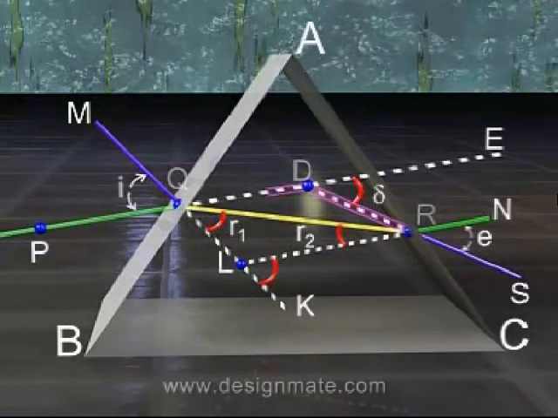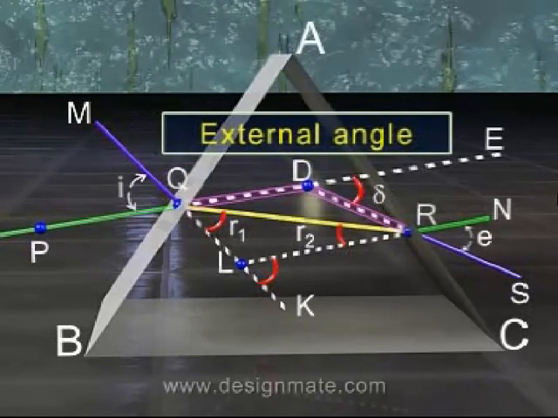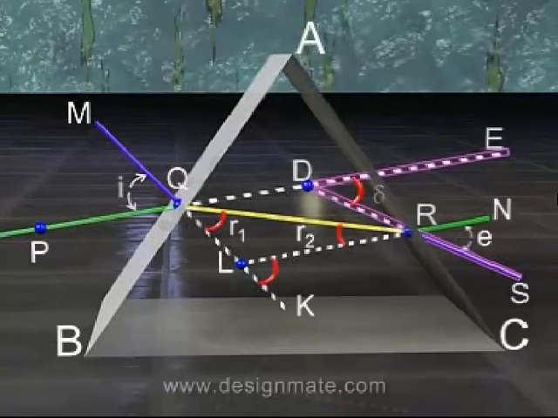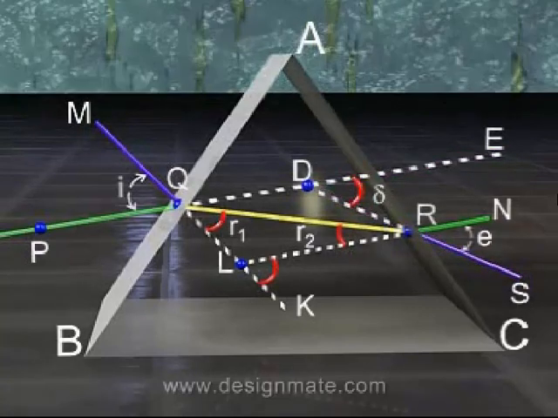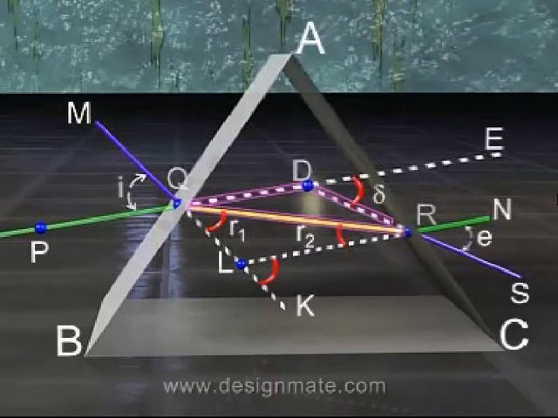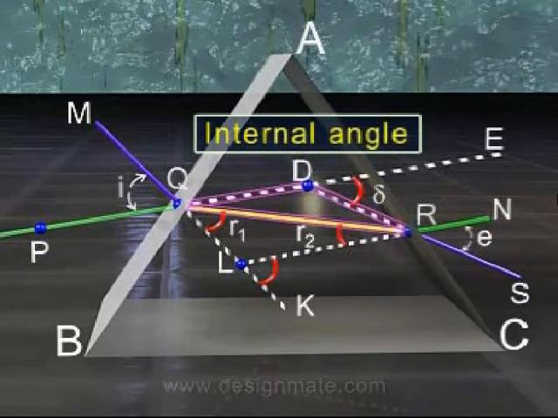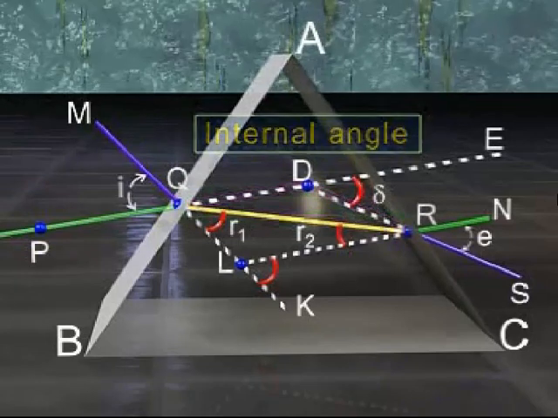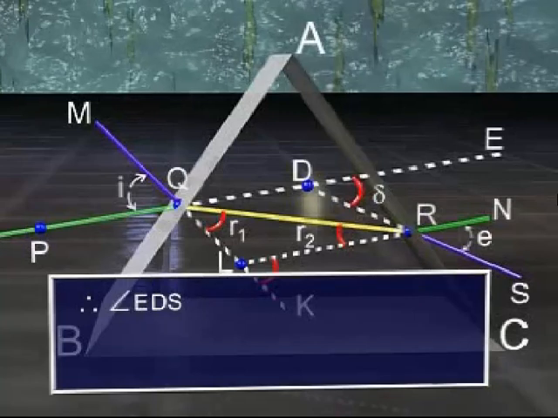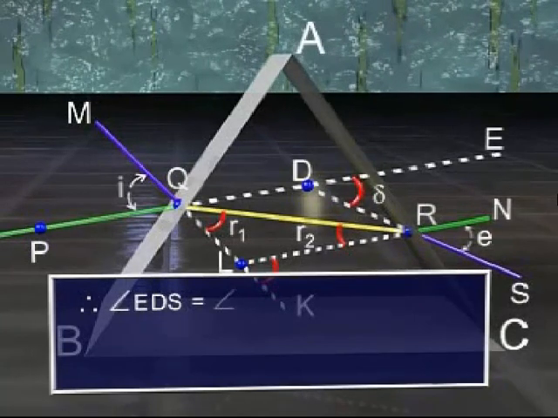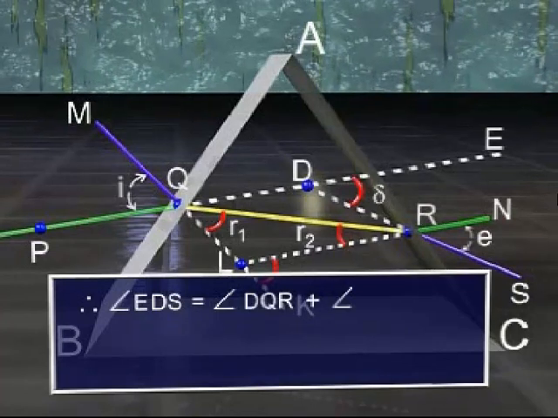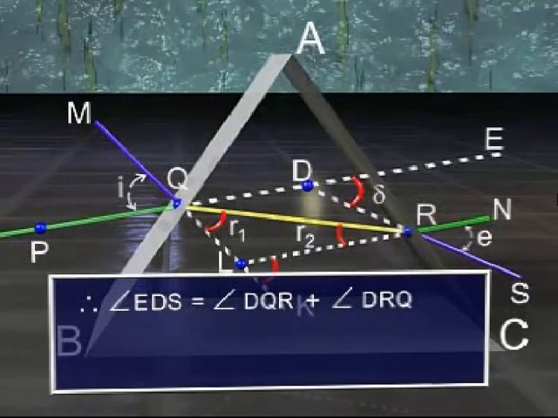For triangle RDQ, the external angle EDS is equal to delta, and angle DQR and angle DRQ are corresponding internal angles. Therefore, angle EDS is equal to angle DQR plus angle DRQ.